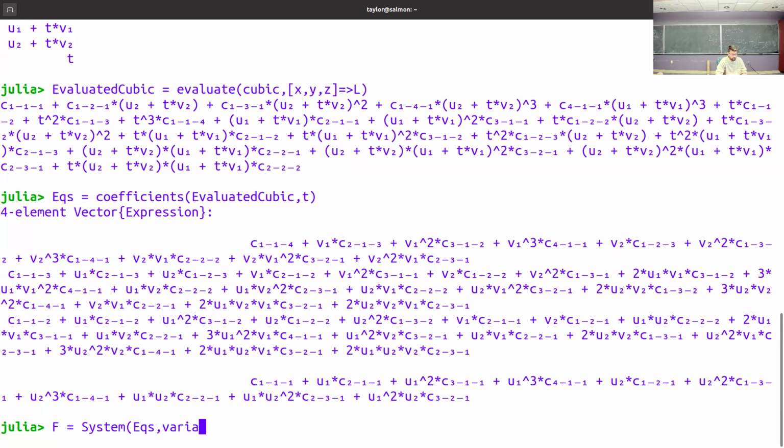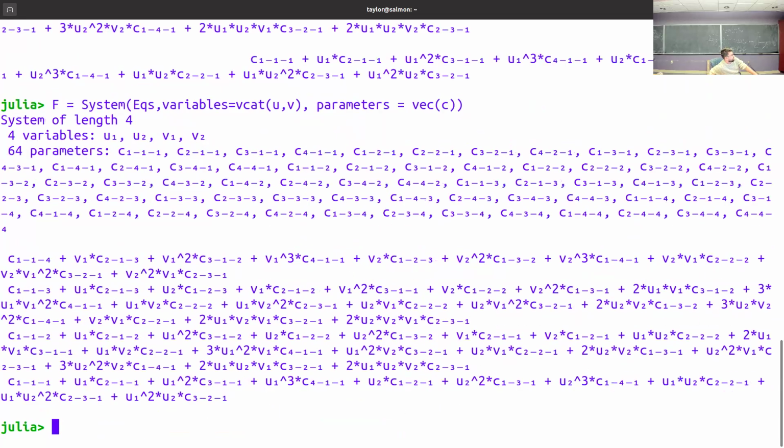Our parameter variables are U's and V's. Maybe we should write equations in the square brackets. The system takes expressions in square brackets. Indeed. So EQS is already a vector of expressions, so I don't have to adjust it anymore. That's a good point. So there we go.